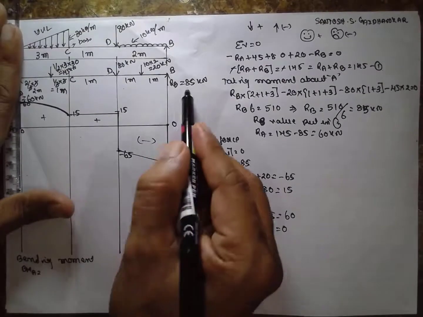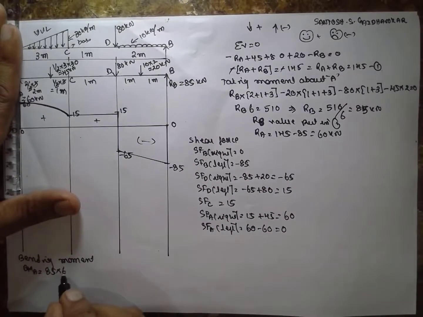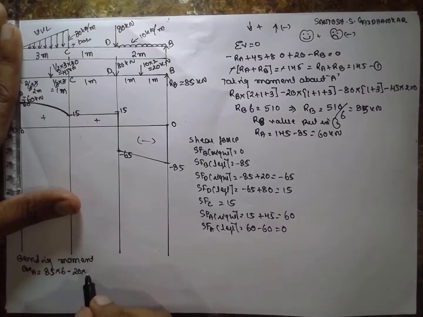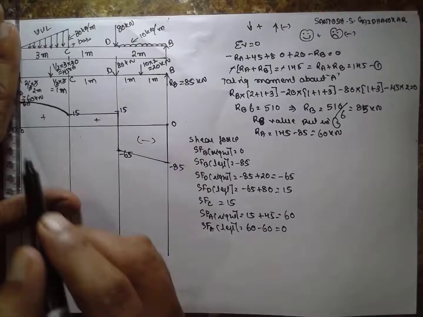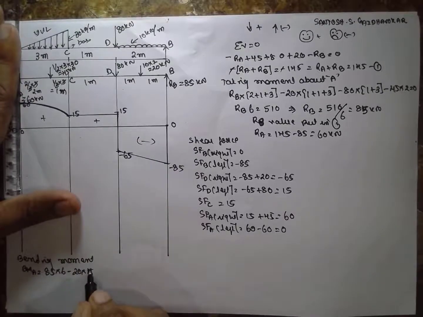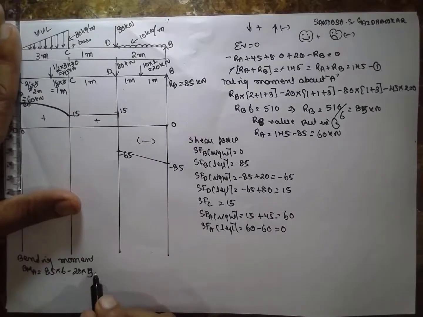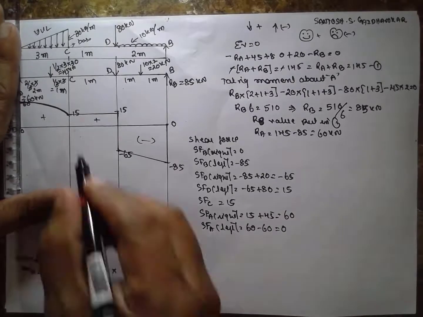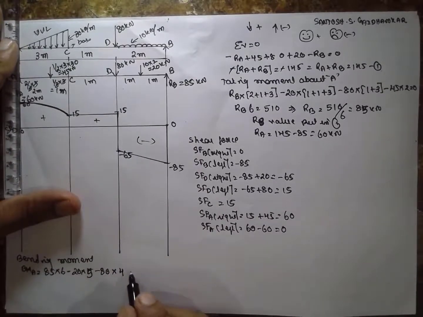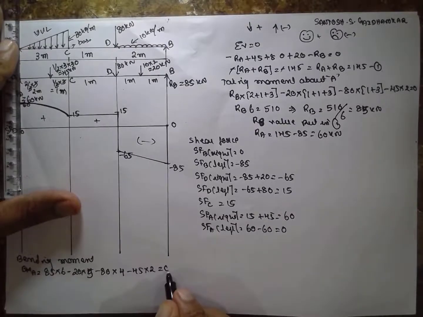Now RB 85 into distance, that will be 6, minus 20 into 5, minus 80 into 4, minus 45 into 2. If we calculate, the answer will be 0.